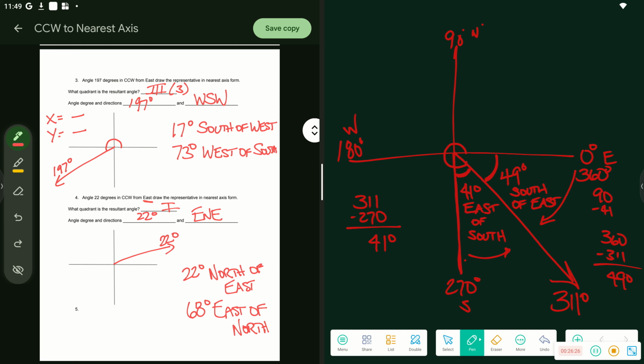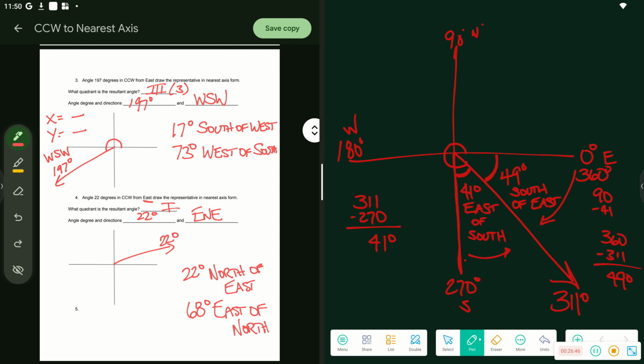Okay? And so the midpoint of the 3rd quadrant is what? 225. Did it make the midpoint? No, so what's it going to be? It's going to be west, south, west. Okay?